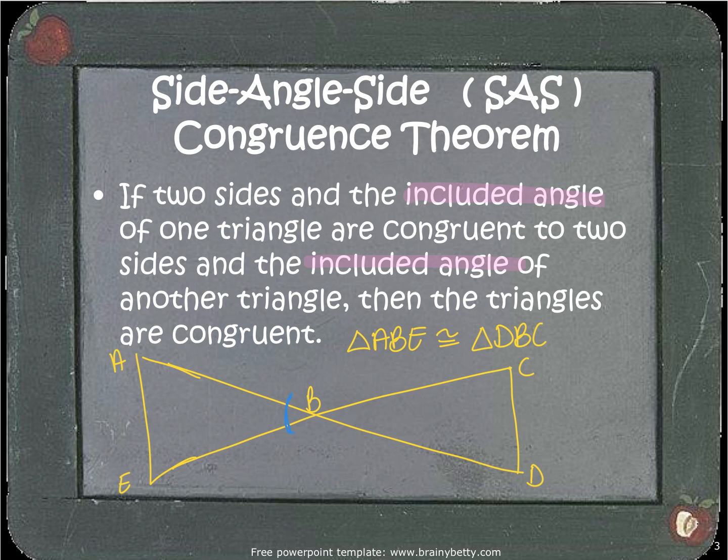So this angle, let me get a lighter blue, is going to be congruent to this angle because they're vertical. Keep in mind that is considered my included angle. My sides are going to have to be this side, AB, congruent to BD. And then EB is going to have to be congruent to BC. That's where I'm getting my congruency from.